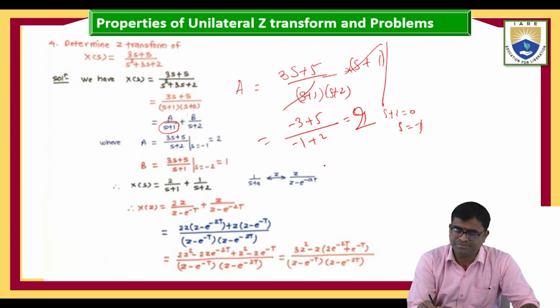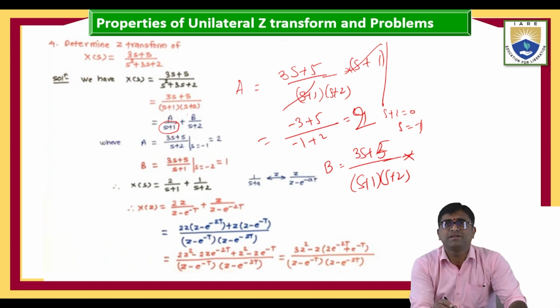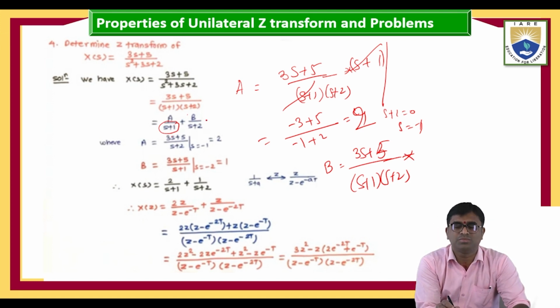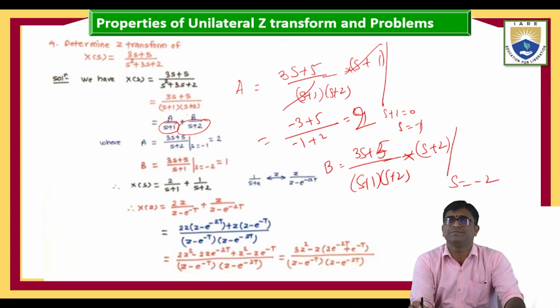Next, coming for B. What is the total function? 3s plus 5 by s plus 1 into s plus 2. B is found by multiplying here by s plus 2, with s equal to minus 2 for this one.